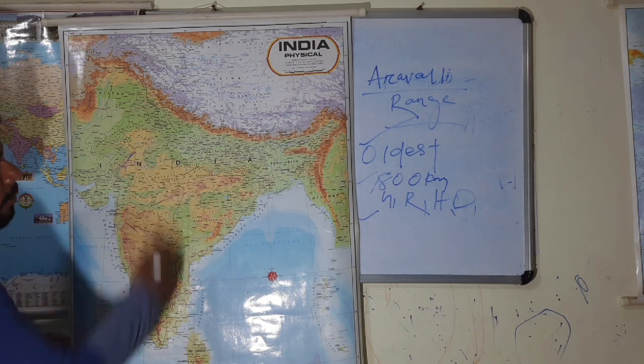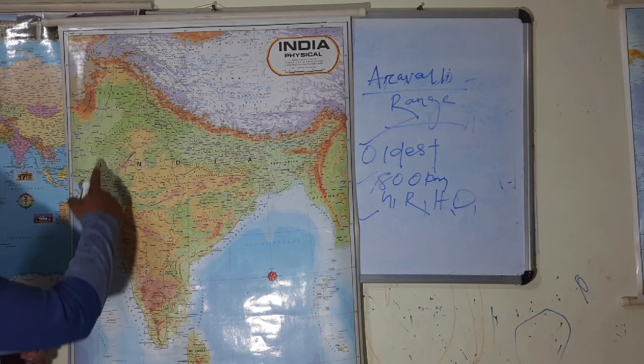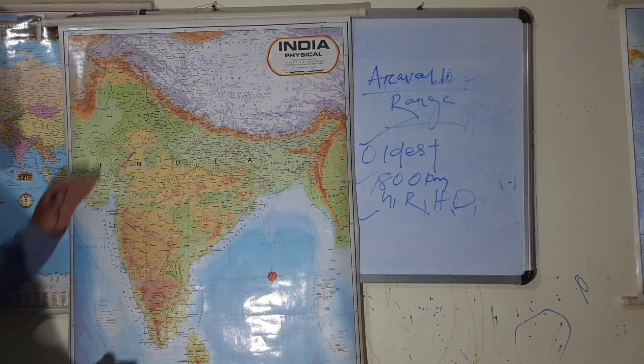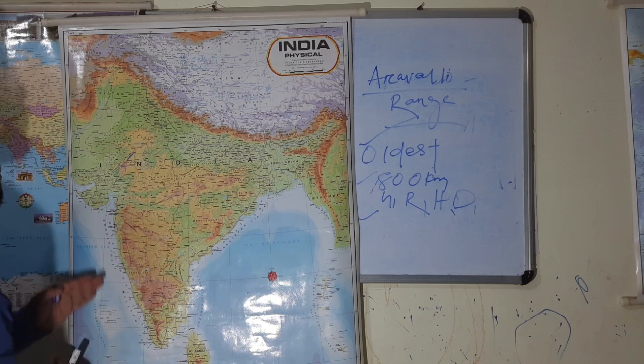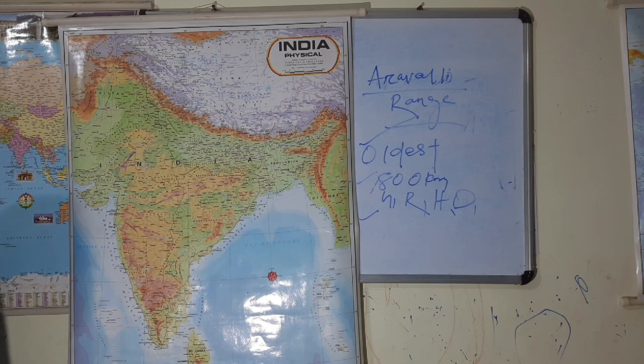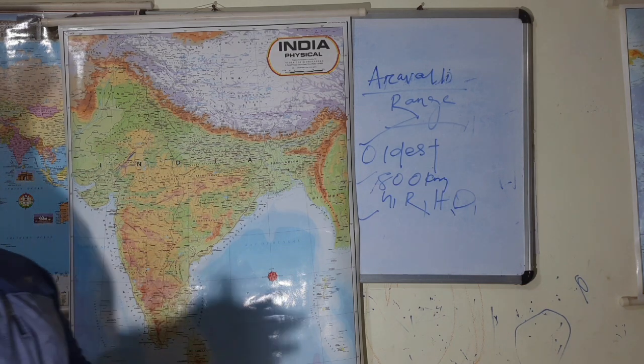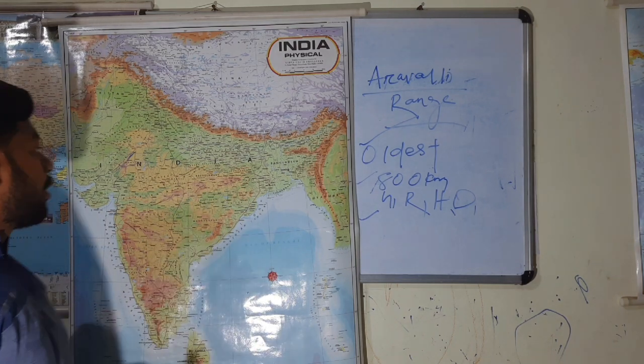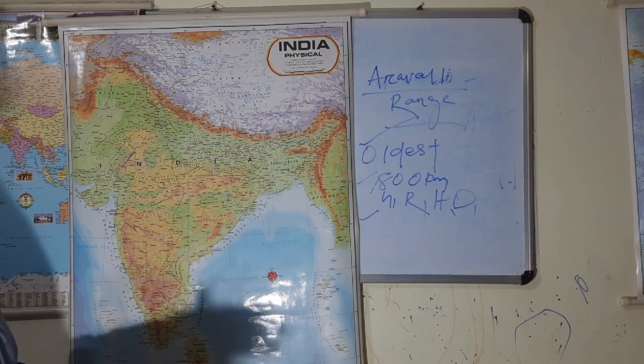So due to the Aravali range, the Thar desert does not extend towards the southern part. In the southern part of the Aravali range, rainfall occurs. In fact, a huge amount of water is also available and greenery is there.